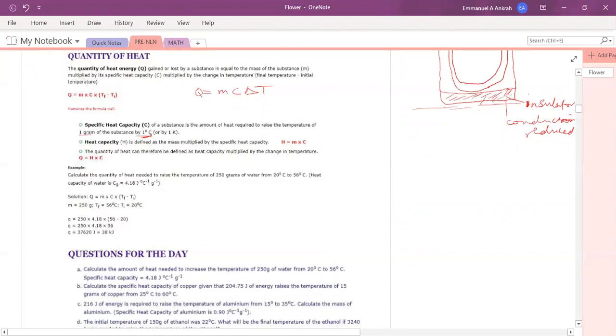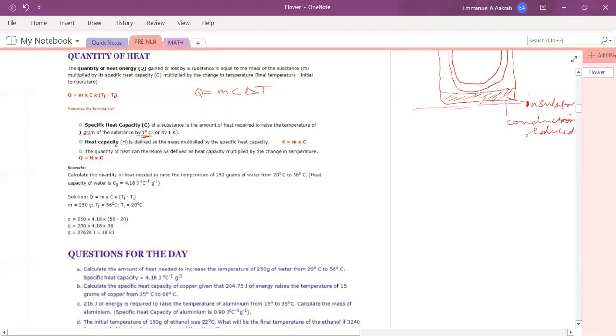So every substance has its own specific heat capacity: how much heat you need to put in to increase the temperature of 1 gram by 1 degree Celsius. For water, it's 1 calorie per gram per Celsius.